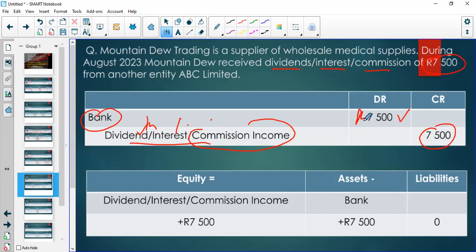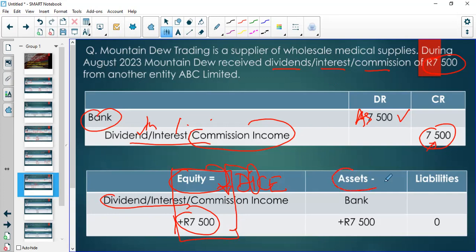All right. This is an income, so we have 7,500. You know, this is an asset, this is income, and income falls under equity. So equity is going to be affected because we look at DICE, right? And we have this income having been affected. So our income has increased by 7,500. That also means that our equity has increased by 7,500.